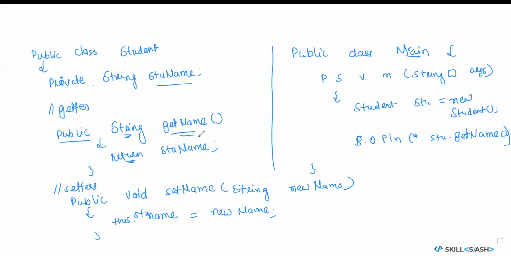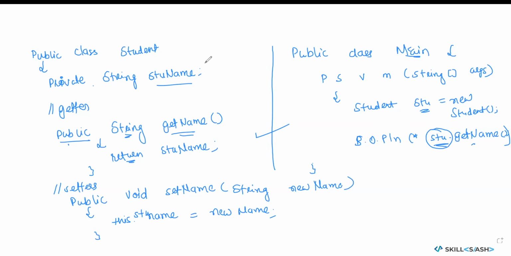Then this will work because you are calling the method which is public, and in that the object of stu which you have created, for that you are getting the name. But what it will print? Nothing. Why? Because for this object stu, you haven't specified what is the name. By default we haven't created any name. So far we were taking simple examples in which we were giving the names.